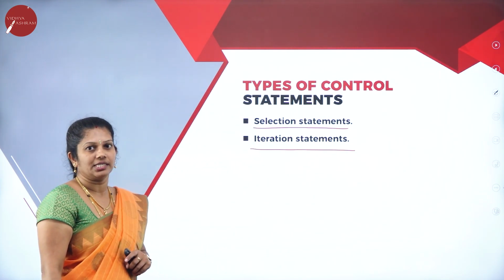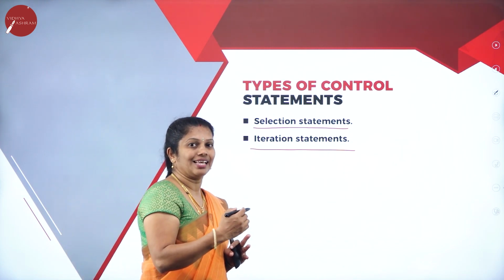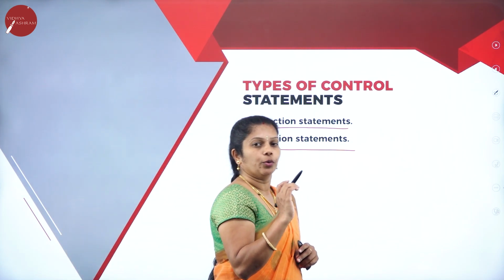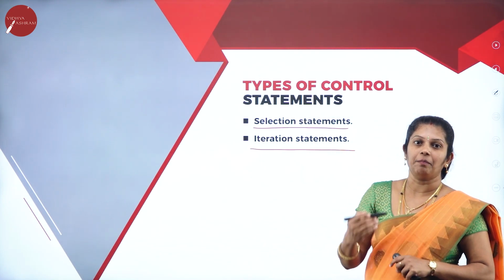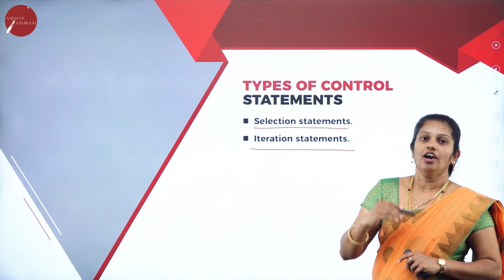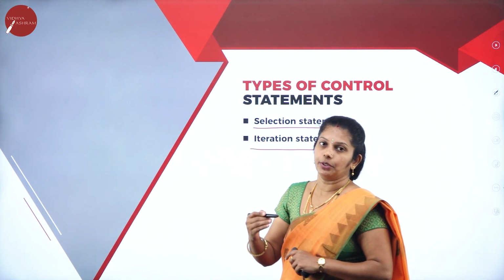Under selection statement, as the name itself says, selection is the ability of the programming language to execute the statement depending upon the requirement, depending upon the condition. Whichever condition we want, we can take here.